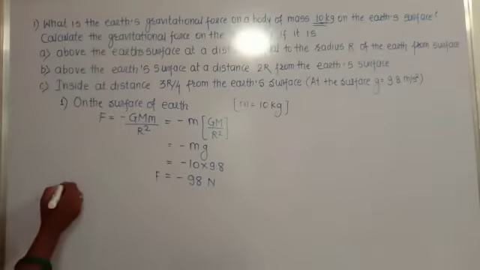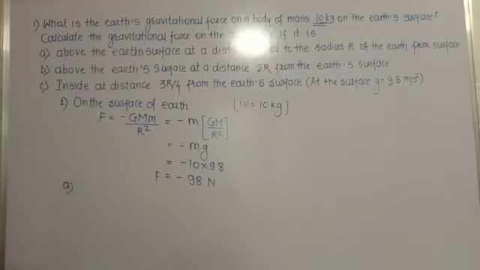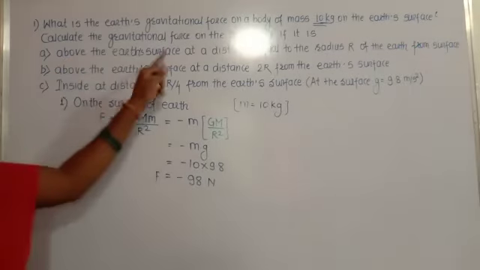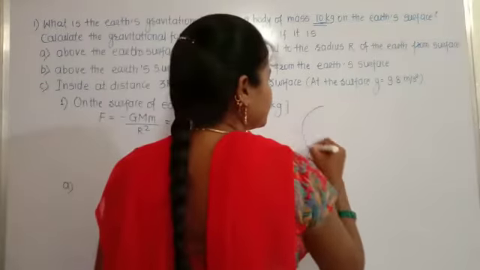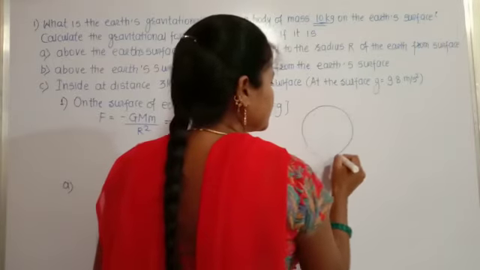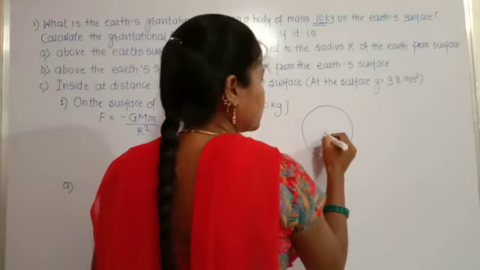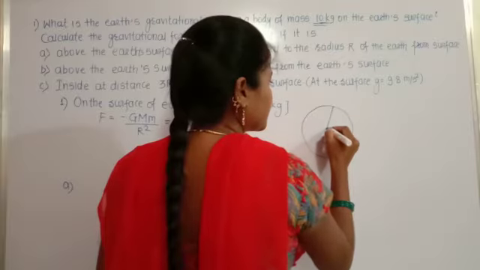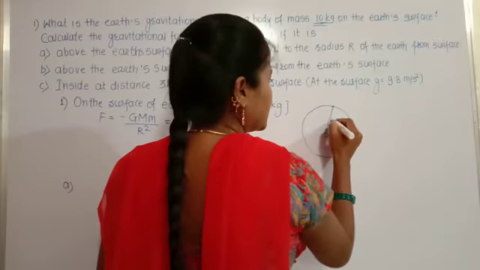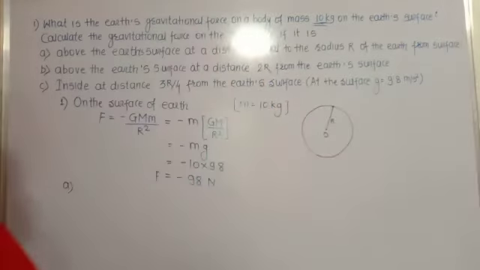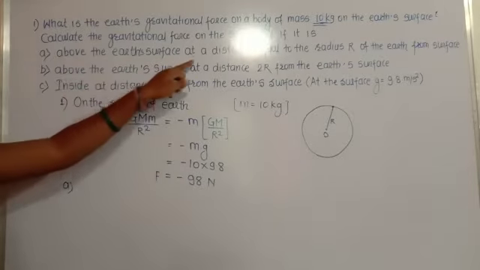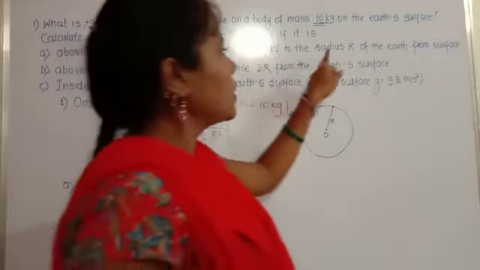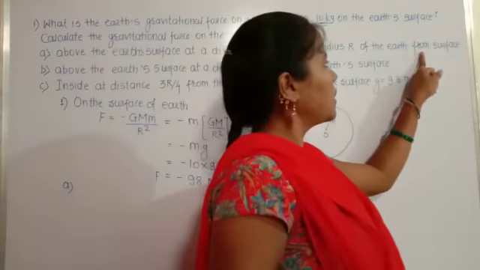Then for case A, the first case, above the earth surface at a distance equal to the radius R, we draw a diagram. This is the center O, and here is the radius, capital R. The numerical says above the earth surface at a distance equal to the radius R of the earth from the surface.